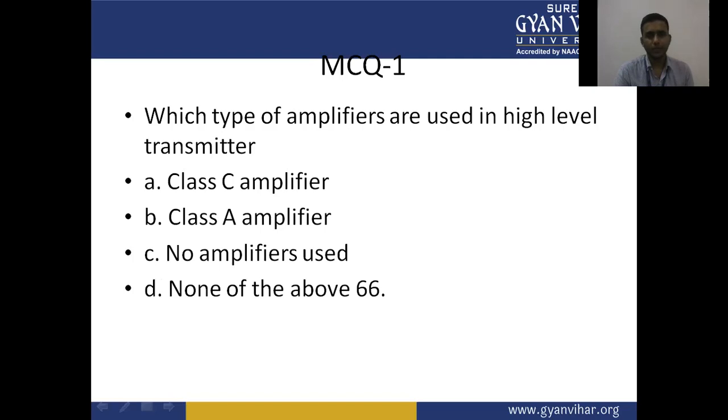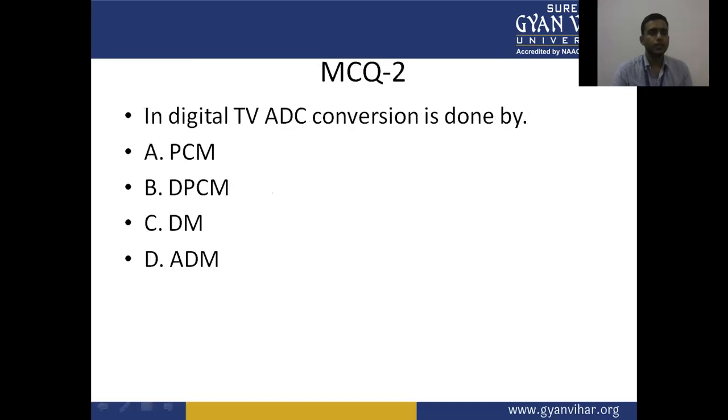In the amplification of the transmitter section, we generally use a high level transmitter, which is known as a power amplifier. Next, in digital TV, A to D conversion is done by A, PCM, B, DPCM, C, DM, D, ADM.